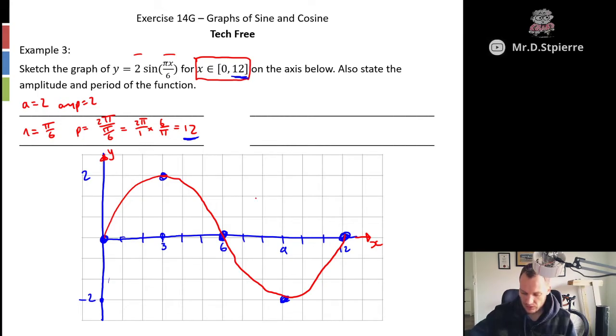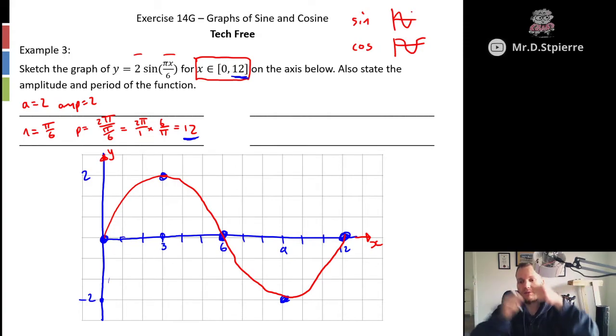So a key thing at the moment is that we haven't done any horizontal or vertical translation. So this makes it a fair bit easier in that we're taking our sine graph, which is that wave, or we're taking our cos graph, which is that, and we're stretching it horizontally and we're stretching it up and down.